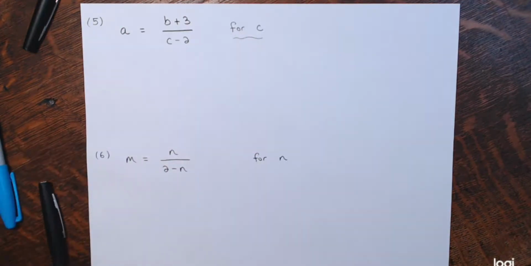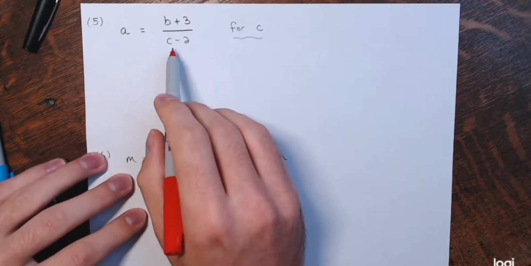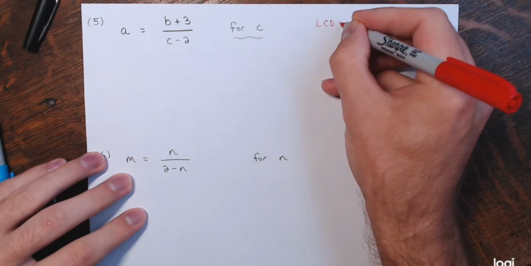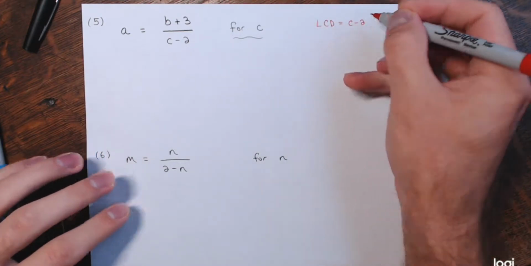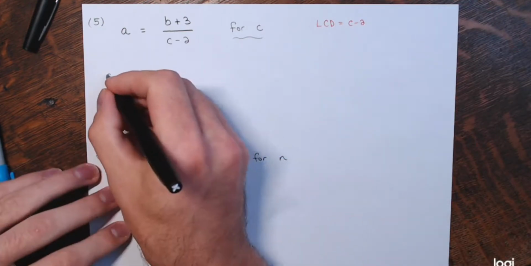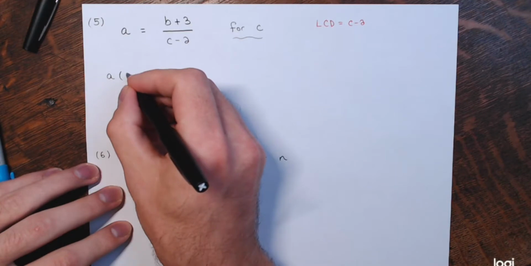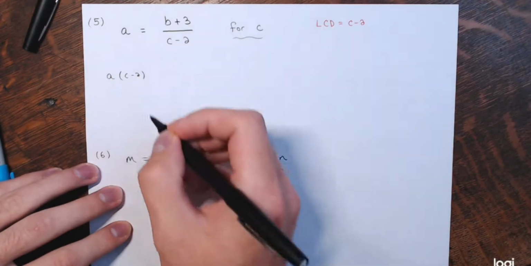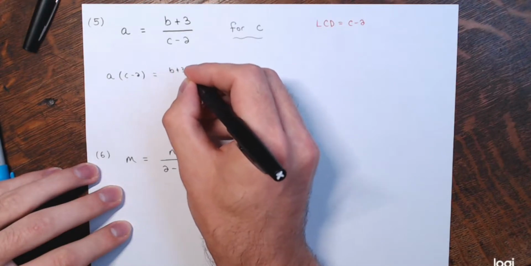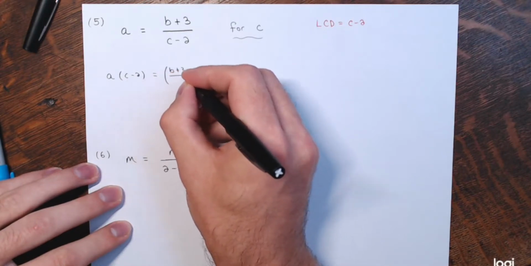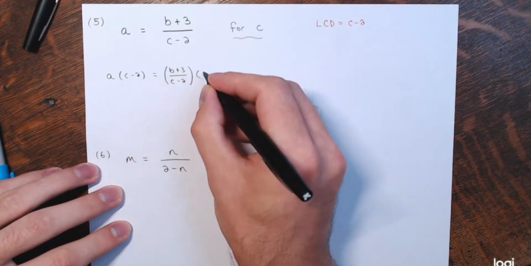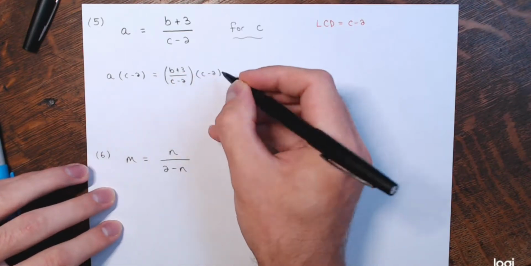So again here there's only one denominator, and so the LCD is just c minus 2. I'm taking the left side and multiplying by the quantity c minus 2. Same thing with the right side, b plus 3 over c minus 2, getting multiplied by the LCD, the quantity c minus 2.